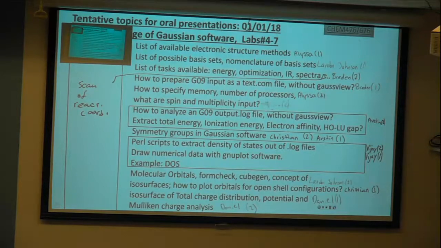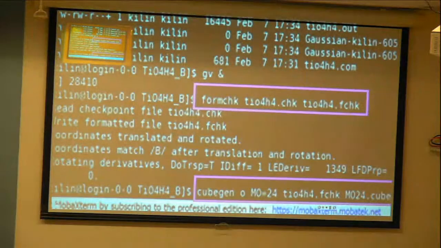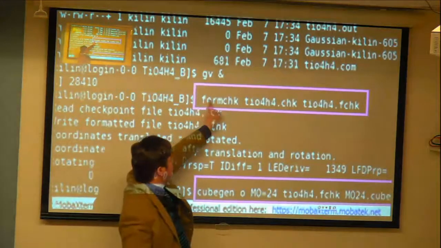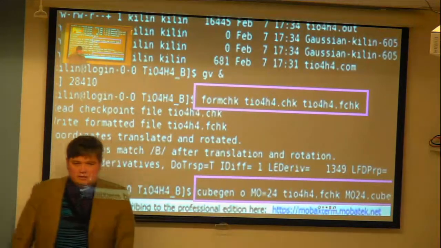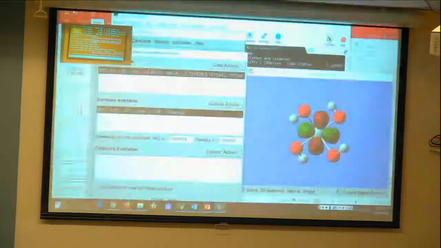So there are some subjects that we share in each other's practice, because in the lab we were doing the last night's form check of CHEM. That's a summary of the tools.